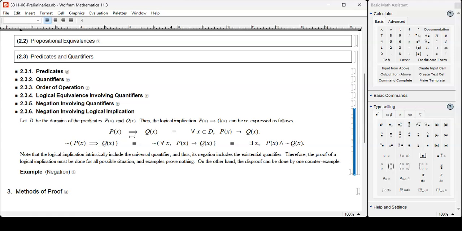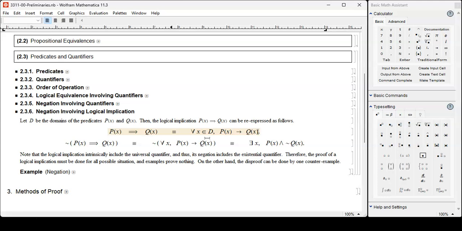So you can rewrite this thing using universal quantifier. So if P then Q is tautology, or P of x implies Q of x, then you can rewrite it as for all x in the domain, if P of x, then Q of x. So you can rewrite this double arrow using universal quantifier.